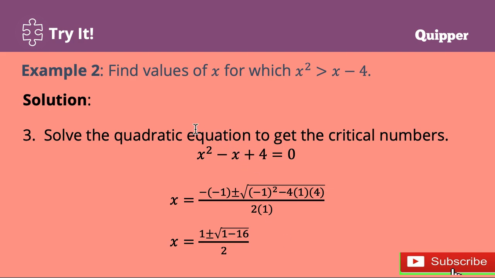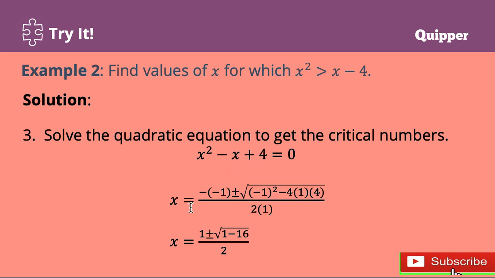Third, solve the quadratic equation to get the critical numbers. This is the corresponding quadratic equation, using the quadratic formula. We have to identify a, b, and c. Our a is positive 1, b is negative 1, and c is positive 4.